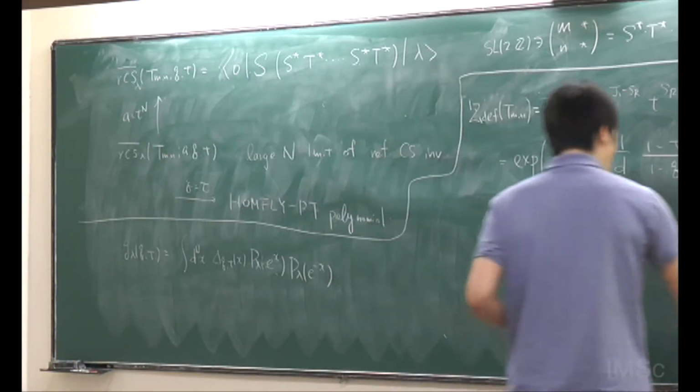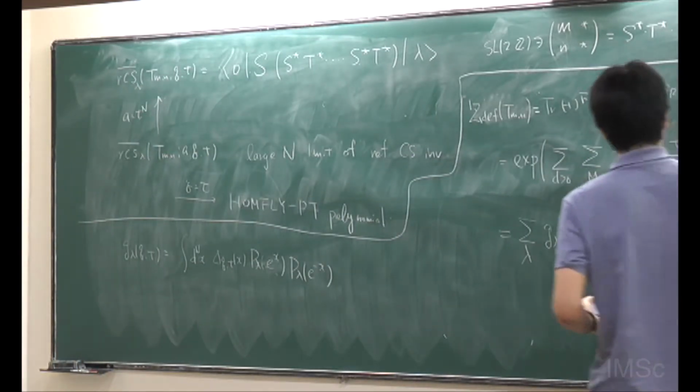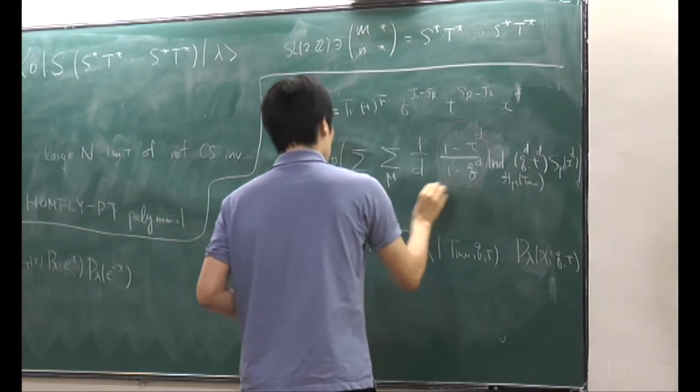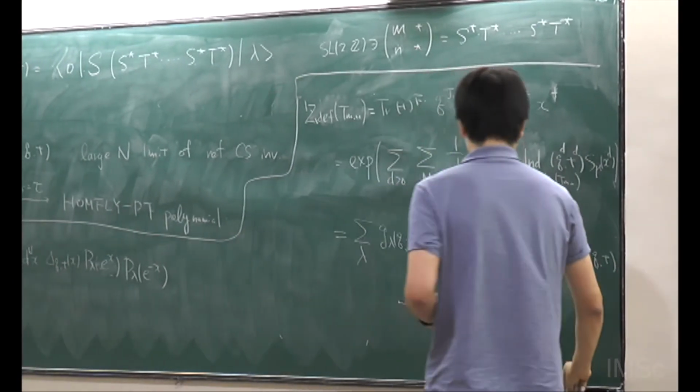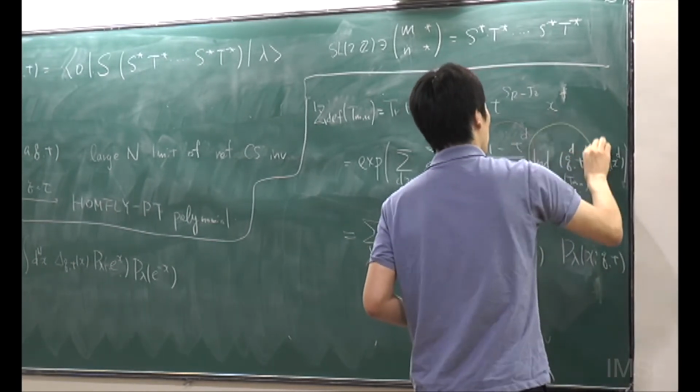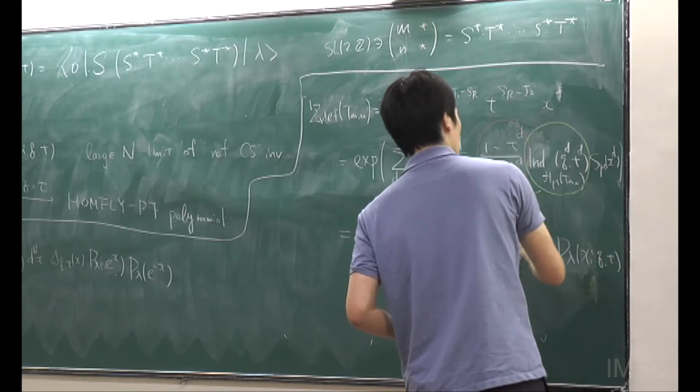So this part gives rise to this part actually, and this part, the single particle index, gives rise to the Chern-Simons index.